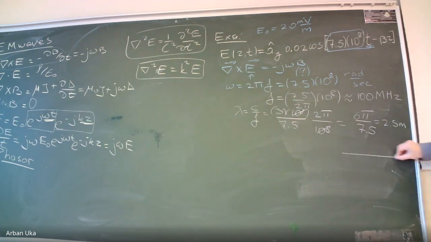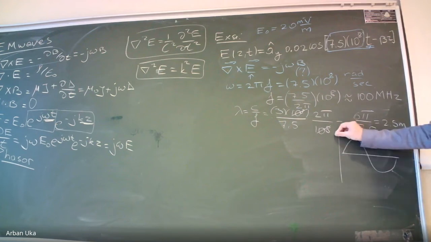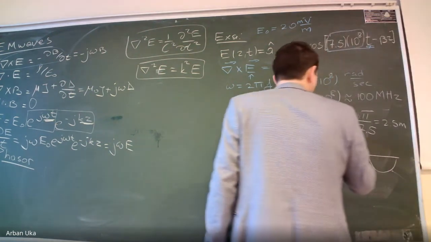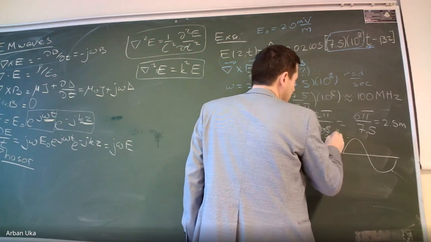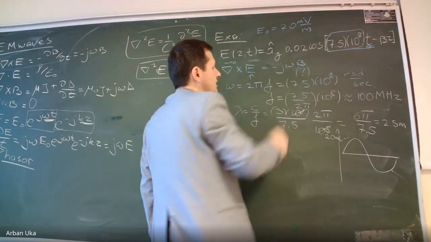Which means that this is the mathematical construct. We have a wave which is 0, it increases. But when we talk about 0, we're talking about this axis where the amplitude is 20 millivolt per meter.